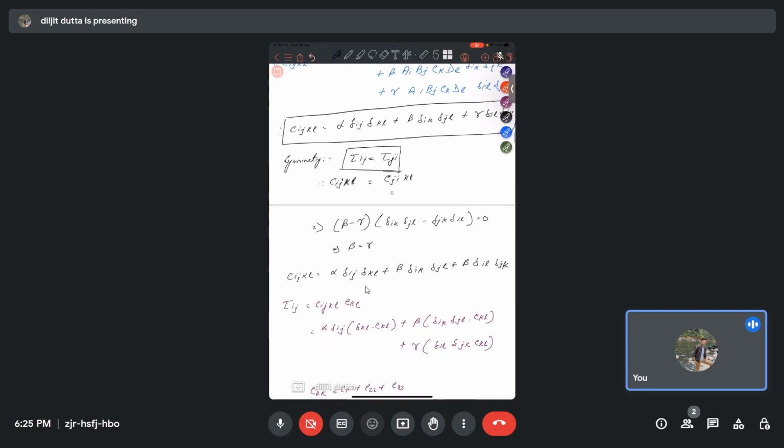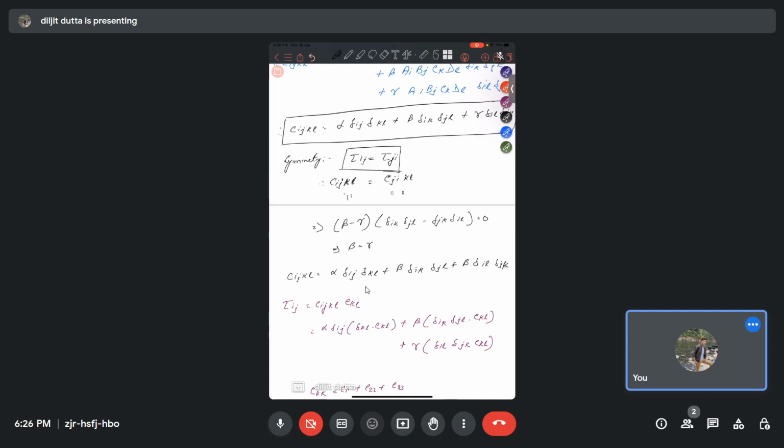Now if we interchange j and i, we will get C_jikl, and if we equate C_ijkl and C_jikl, then the first term will vanish. Alpha delta ij and alpha delta ji will cancel.